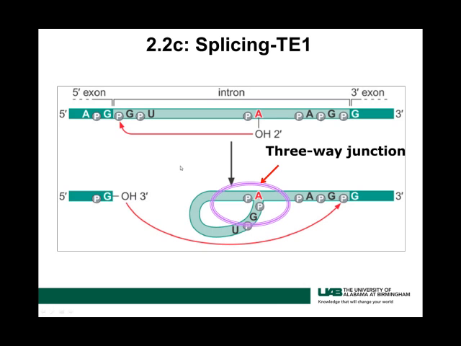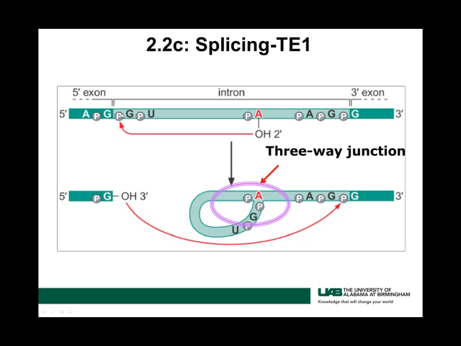This is the naked form, we're not showing the snRNPs here, just to demonstrate what happens. So the basis of the splicing is that at the junction of intron and exon, the beginning of the intron always has a sequence of GU.